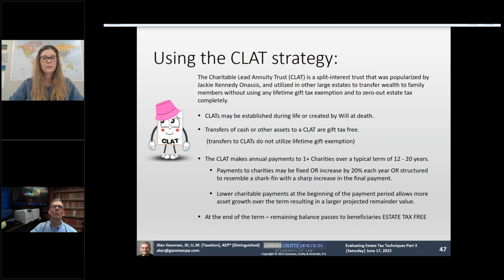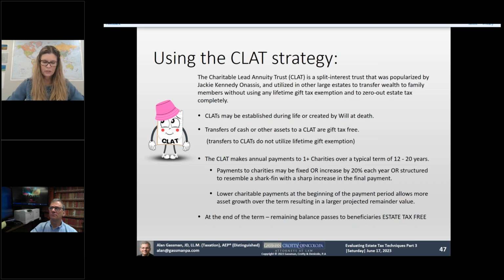And a lot of wealthy families actually use this technique because if they have a taxable estate or they've used all of their exemption and they've given to all the people that they want to give to, then they will draft in their document that any remainder in their estate that could be subject to tax after paying attorney's fees and CPA fees and all of that, then they can zero out any estate tax that would have been payable.